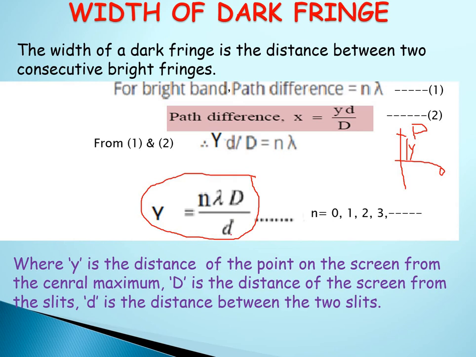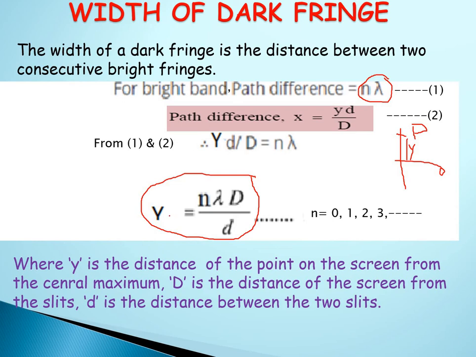When we derived the equation, whether the point P was a bright point or a dark point, we were not aware. Now since we have compared it with n lambda, this is the condition for a bright fringe or constructive interference. So now we know the position y, or the distance of the point P. That point P is a bright fringe.